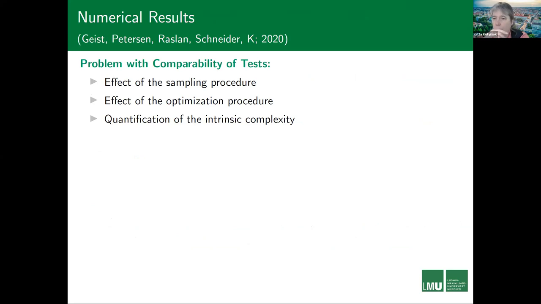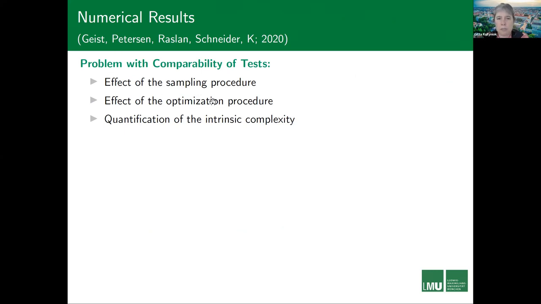Okay, so what is always a problem in numerical analysis is how to compare tests in a fair way. Because we would like to do an extensive test setup to be able to really analyze, in various different settings, whether through training this effect of beating the curse of dimensionality shows up. But we would like to do it in an optimally fair manner.